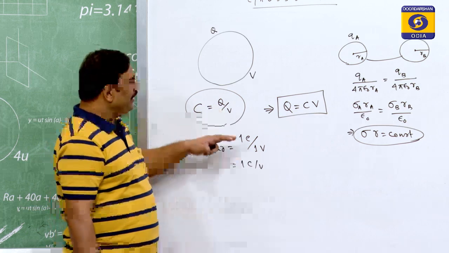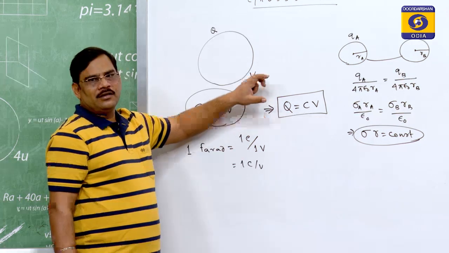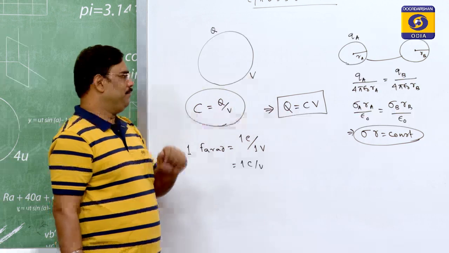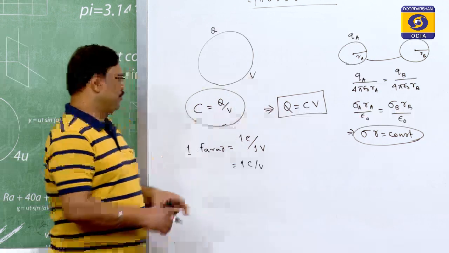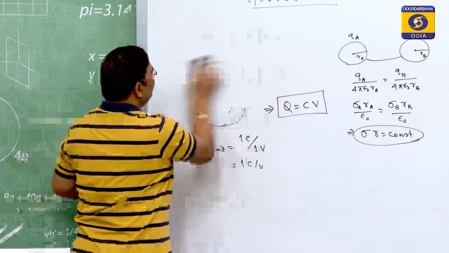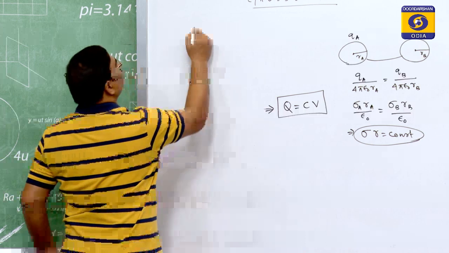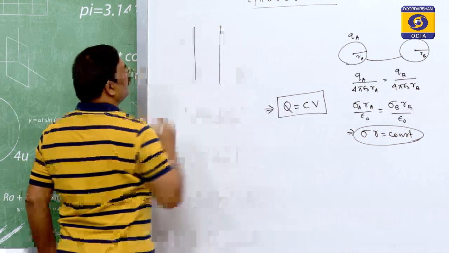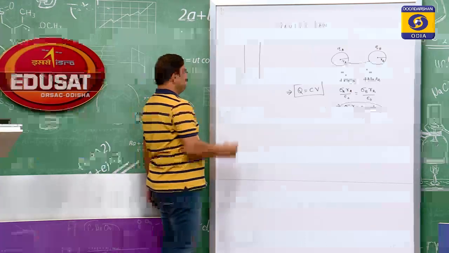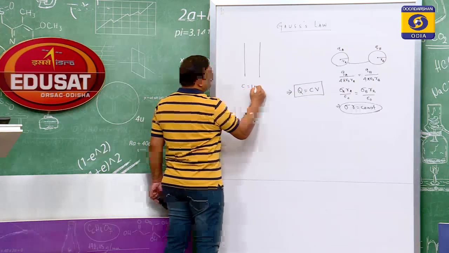Before discussing the capacitors in detail, suppose I have a combination of two plates, and suppose its capacity is 1 microfarad.